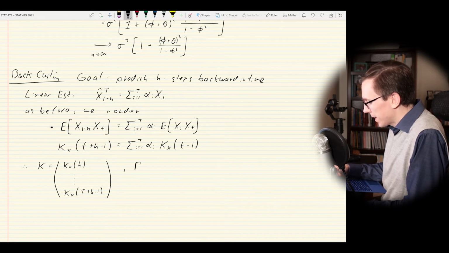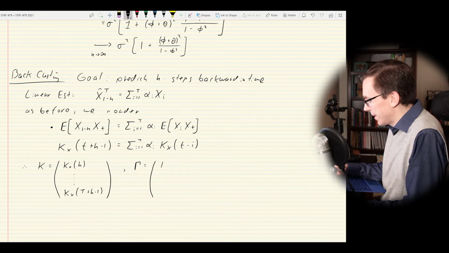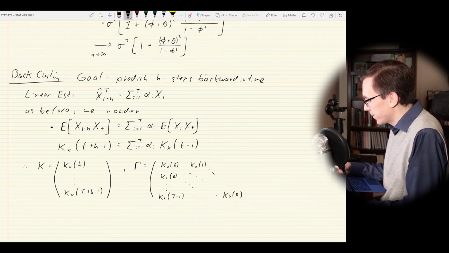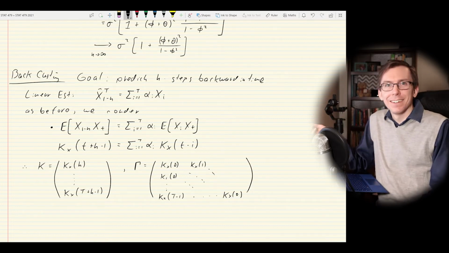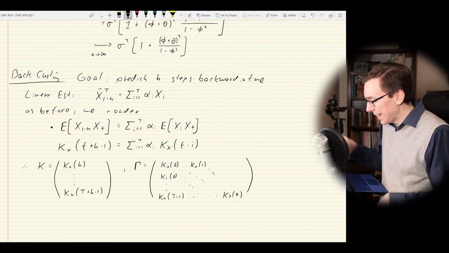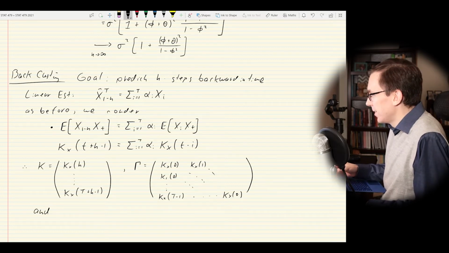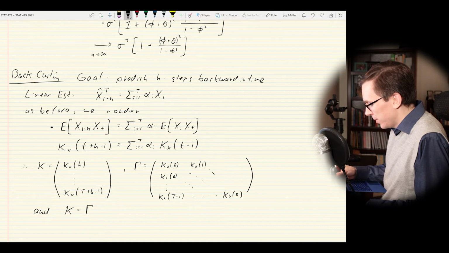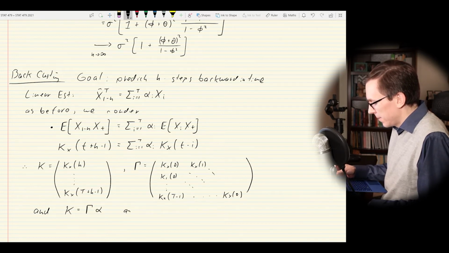And we're going to have the big matrix gamma, which is exactly what big matrix gamma always is. It's a big matrix of autocovariances. It's going to be T by T, where we go from 0 to T minus 1. Something that looks like that, right? So this is our big matrix of autocovariances, and we get K is equal to gamma alpha, and solve as before.